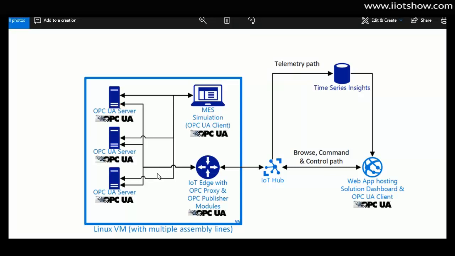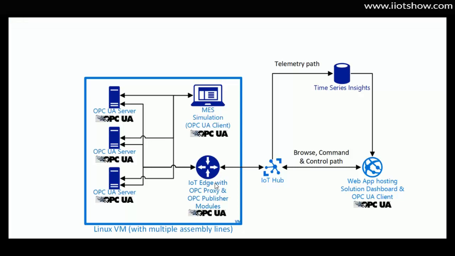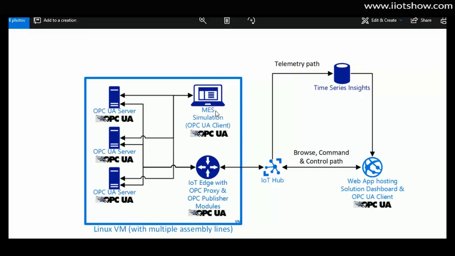And then Azure IoT Edge runtime, which in your case of a practical application will be deployed on an industrial gateway device or Windows PC or Linux in your plant, right? And on the same virtual machine, we have an OPC UA client simulating the manufacturing execution system. So this solution is two modules deployed on the Azure IoT Edge runtime, right?